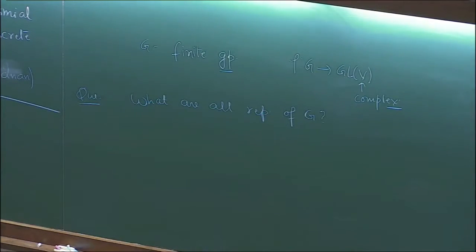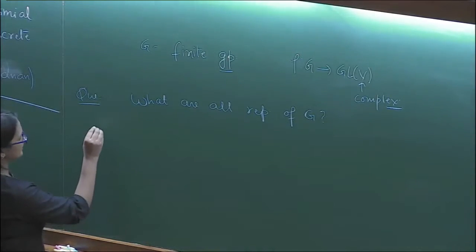When we ask this question, we of course want to ask, how do we construct representations of a given group G? And then we immediately learn this method of induction and restriction. So I'm going to define certain induced representations which are interesting for me.